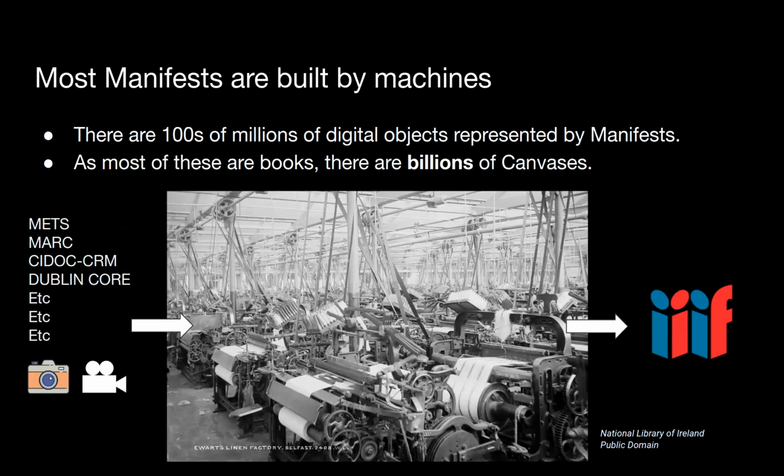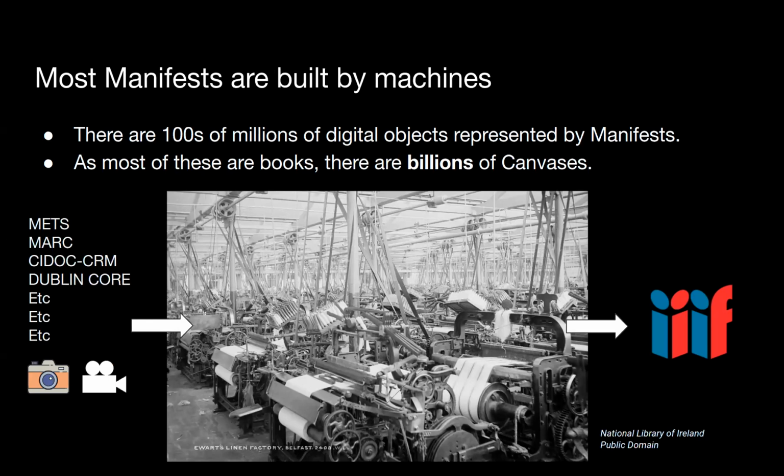Now, most of the manifests in the world are built by machines because they are part of a production line. This is a live broadcast from inside the British Library's IIIF production line, and you can see here all the metadata going in at one end and IIIF manifests coming out at the other end.